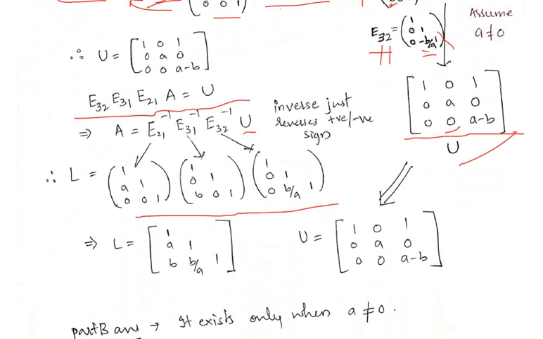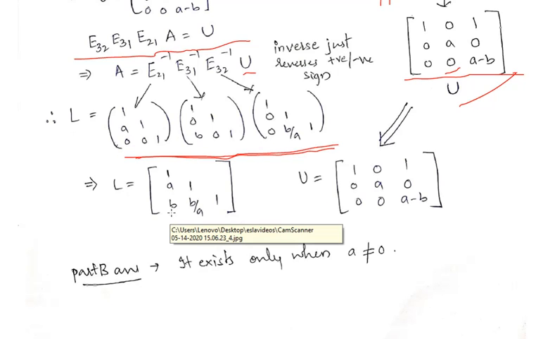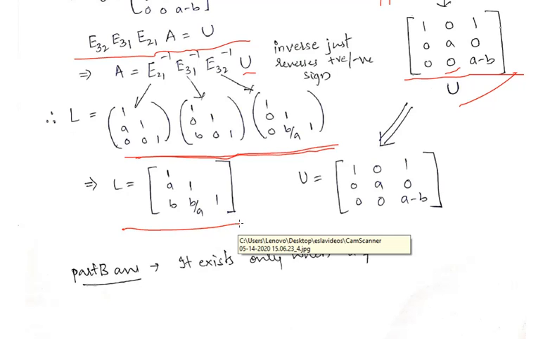So when we apply the inverse, it will be 1, a, and here plus b, and here plus b by a. So the multiplication of these can be written directly in this form, that is 1 1 1, and a in its own place, b in its own place in the same matrix, and b by a in the same place. Now we have found out the L matrix also.